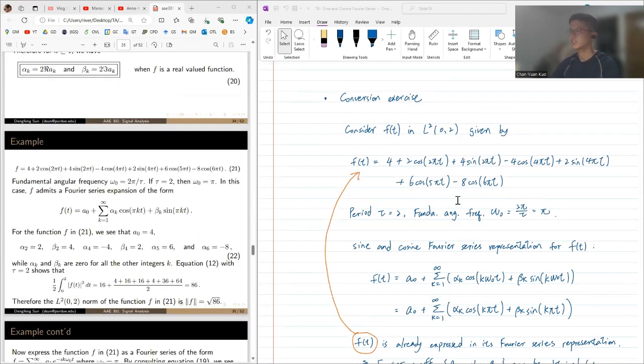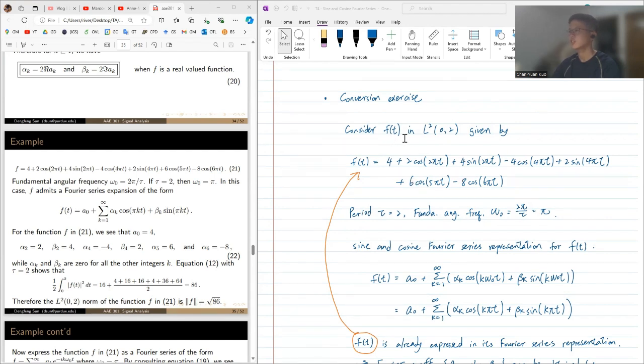Now let's have an exercise to practice what we have learned so far. Here, we will be looking at a function f(t) in the Lebesgue space L squared from 0 to 2. This function is given by 4 plus 2 cosine of 2 pi t plus 4 sine of 2 pi t minus 4 cosine of 4 pi t plus 2 sine of 4 pi t plus 6 cosine of 5 pi t minus 8 cosine of 6 pi t.